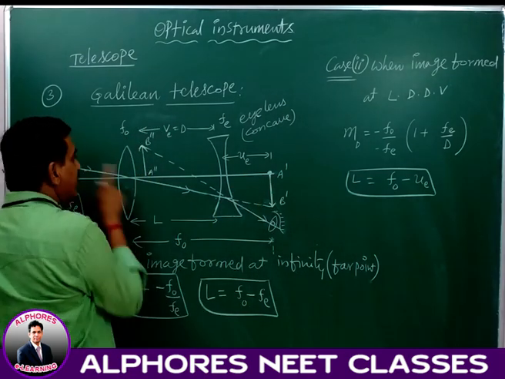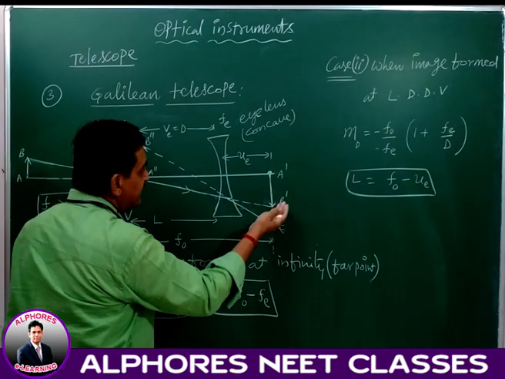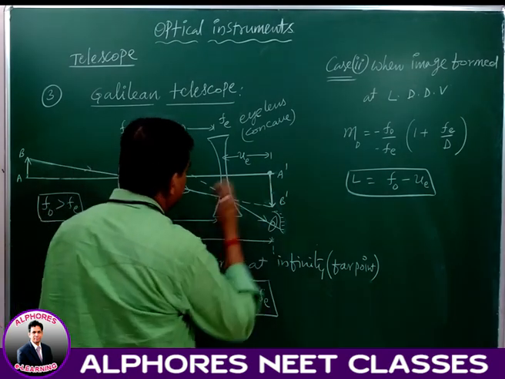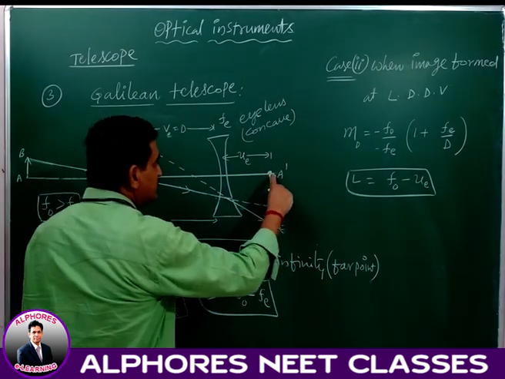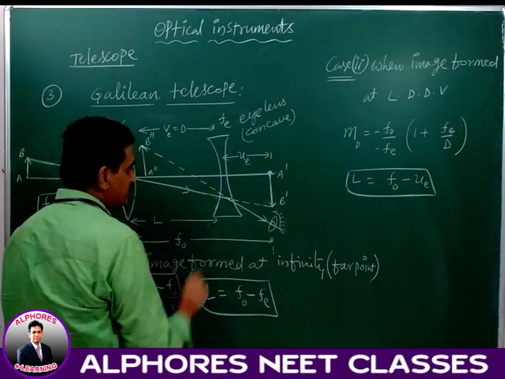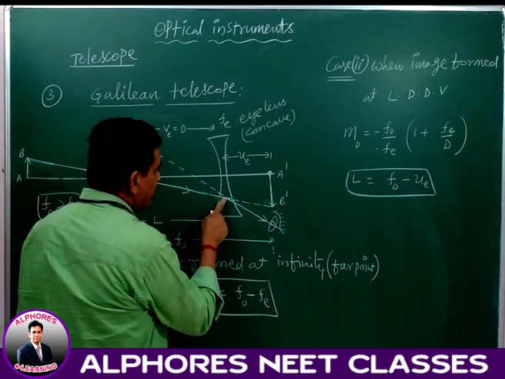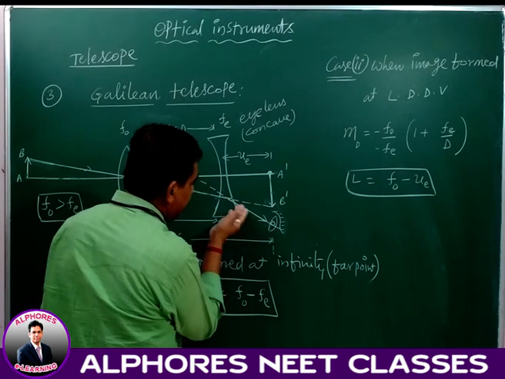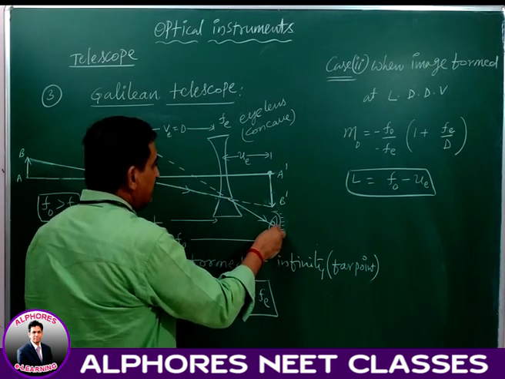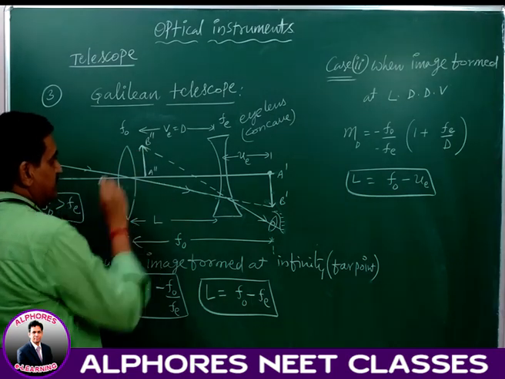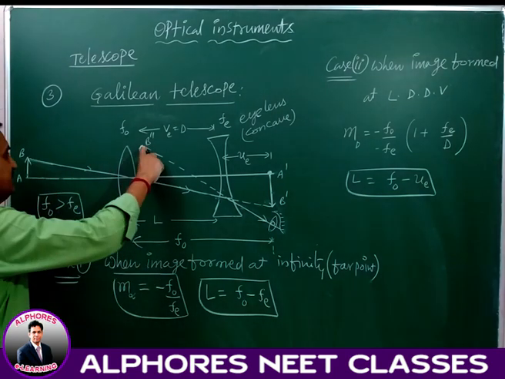Therefore, this image is formed behind the concave lens, the eyepiece or eye lens. So this is formed behind the eye lens, and this serves as an object to this concave lens. What happens here? The light incident here undergoes refraction, it bends away, diverging. Therefore, finally, its corresponding image is formed over here. This is the final image formed. So the final image is erect.